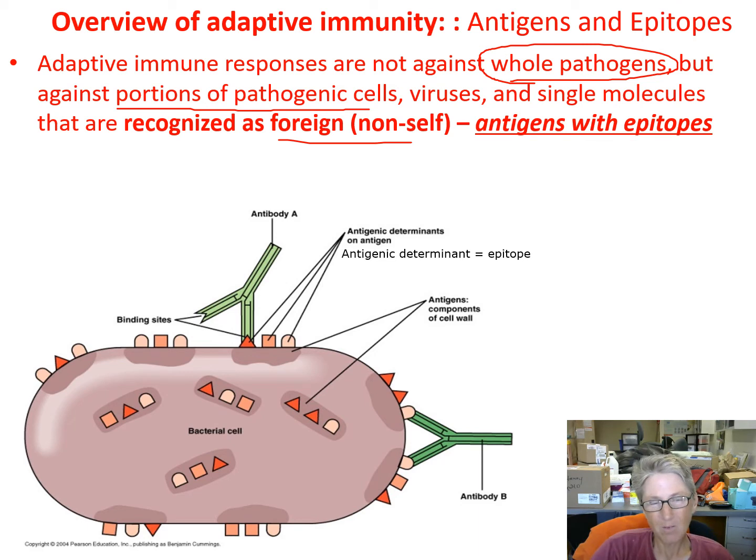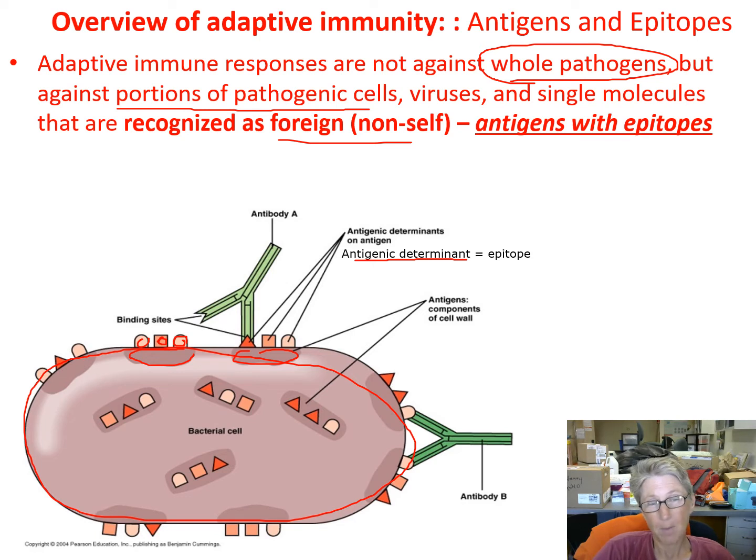So here's kind of the difference between antigen and epitope, but you can use the terms interchangeably. This whole guy is a bacterial cell. And see these little shady parts? These are actually the antigen parts. And these little specific shapes, those are the epitopes. Those epitopes are also called antigenic determinants. So lots of nomenclature in there.